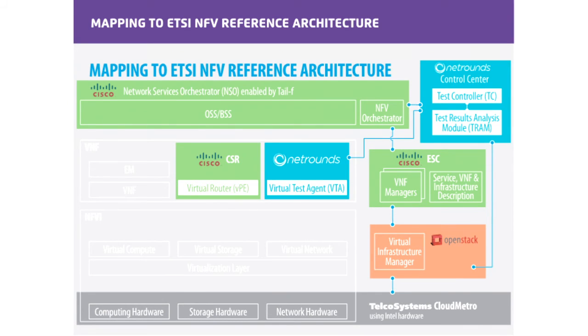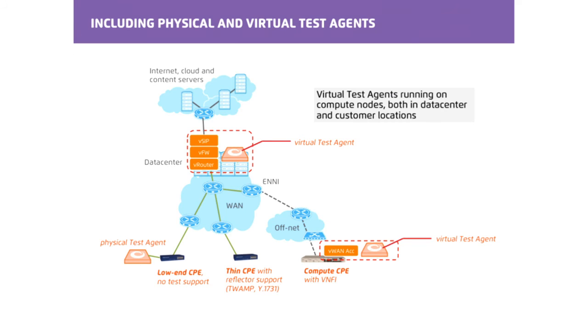So going back now to these virtual test agents, these virtual test agents can be deployed on the compute nodes, as we discussed before, at the CPE, where we had the NFVI, as well as in the data center. And as you can see here, in addition to this, we have also added a physical x86 running in the legacy world, running the same code on a bare metal machine, just to support this low-end CPE with the testing capabilities.